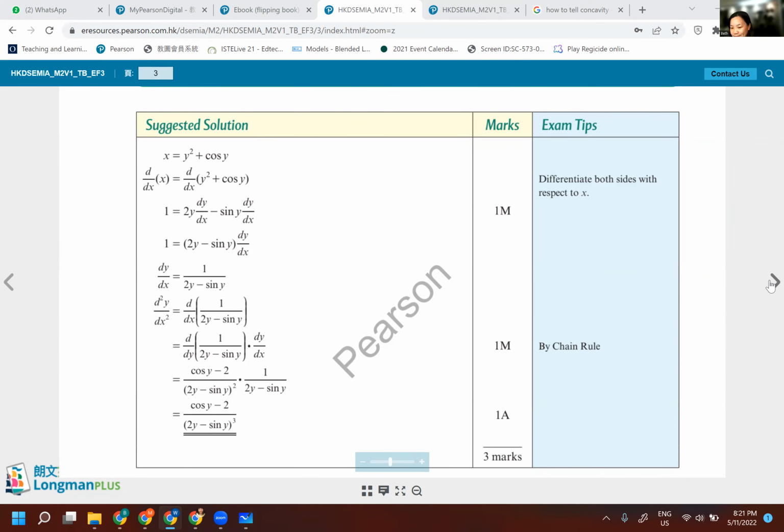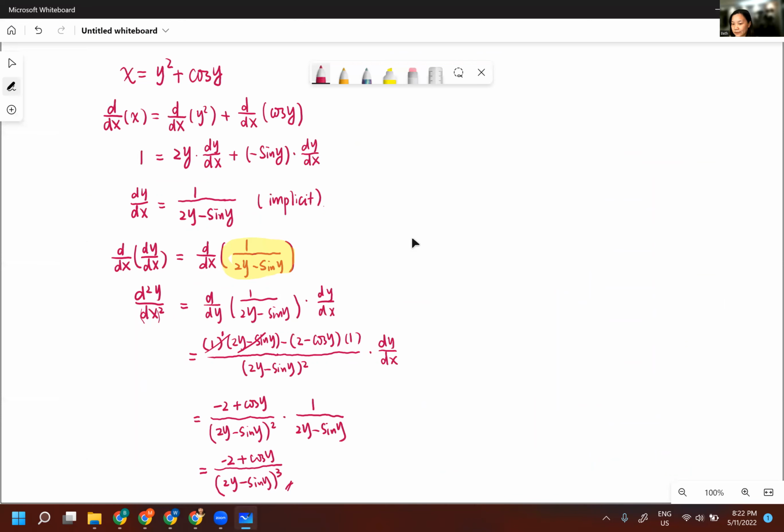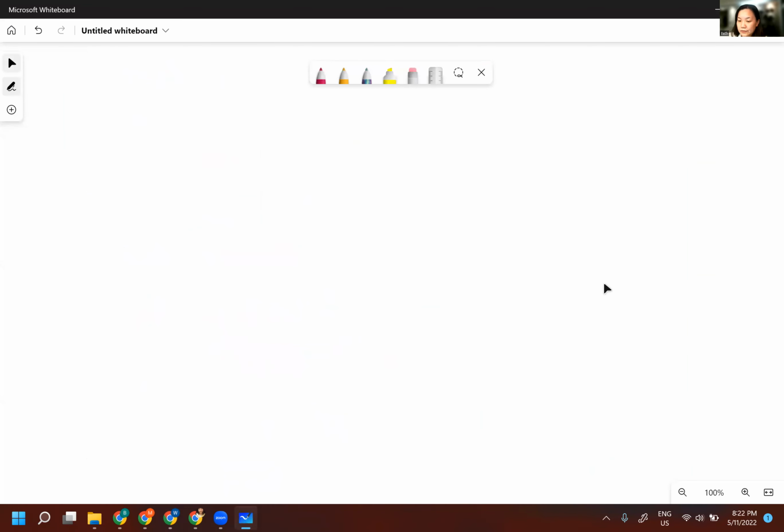Let's try another one. There are a few questions like this. Now, question 2 and question 3. Let's do question 2. X equals sine y plus e to y.